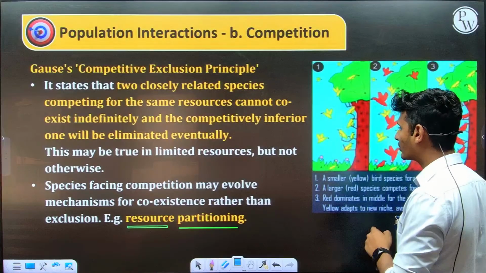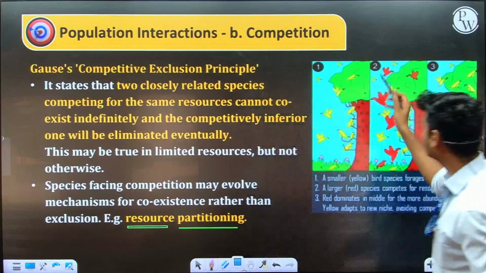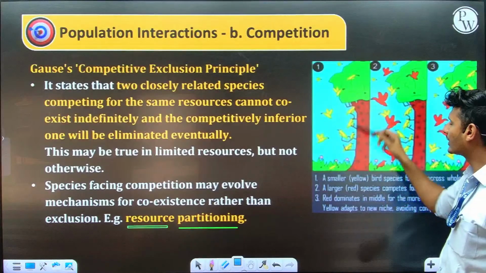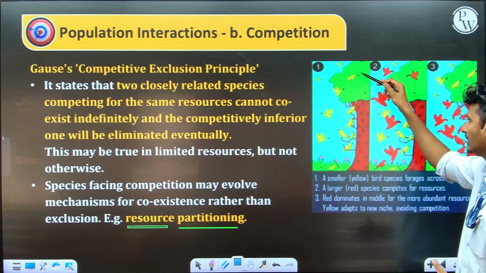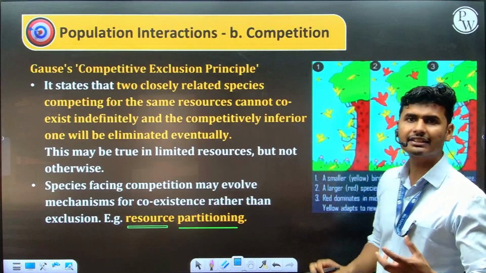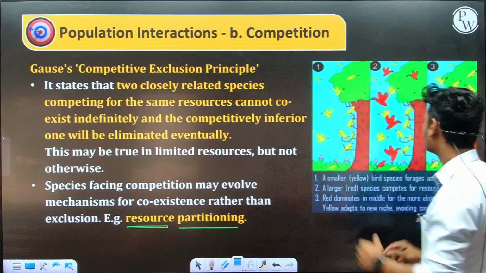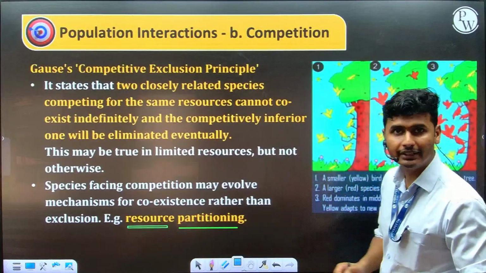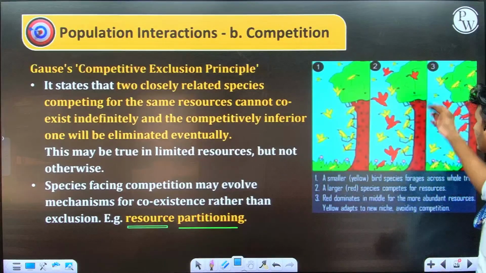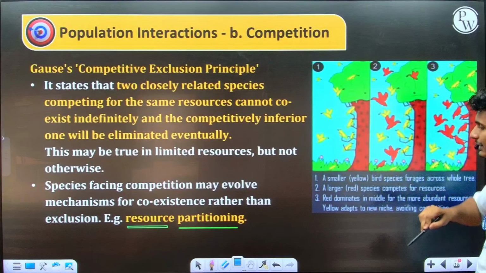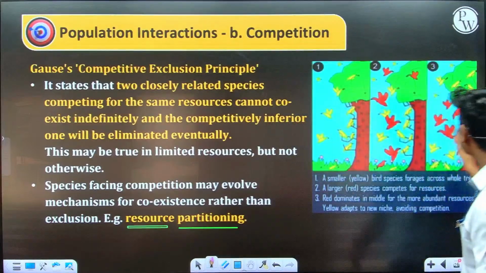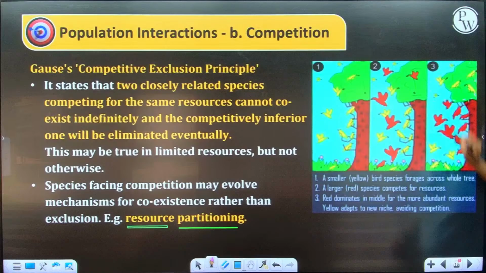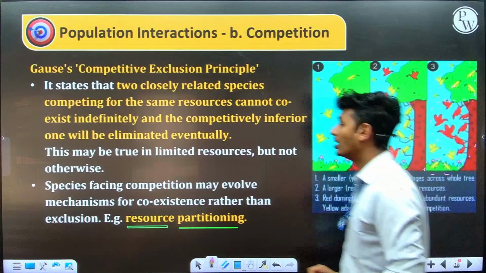What exactly is resource partitioning? This is a plant where yellow colored birds have their resource. After some time, a large red colored bird came, and there is competition between the yellow bird and the red bird. Now they decided that the green part is going to be eaten by the yellow bird, the red trunk is eaten by the red bird, and the greenish grass is eaten by the yellow bird.